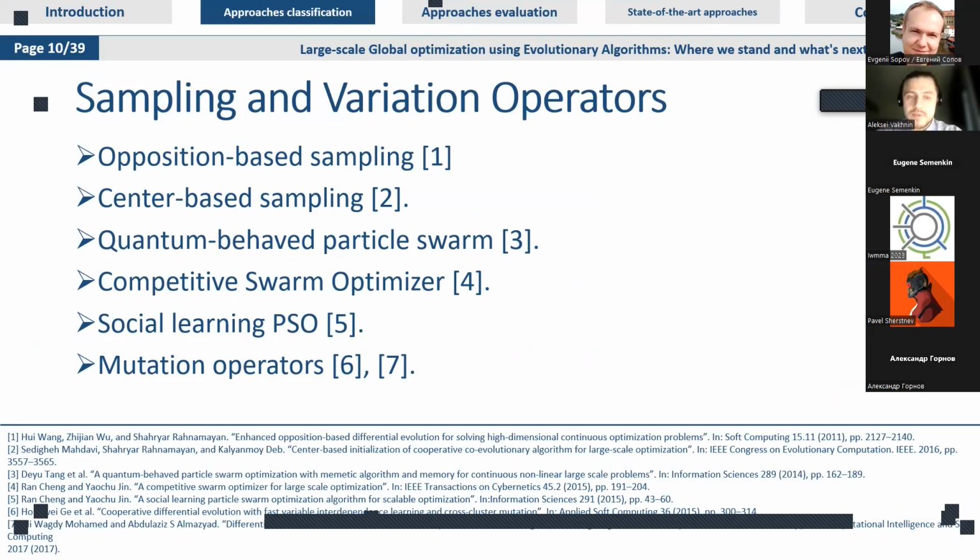For example, if we are speaking about differential evolution, scientists try to improve mutation or crossover operators, especially for larger dimensions. And here you can see the reference, for example, number 7. The paper is about improving mutation operators and crossover.